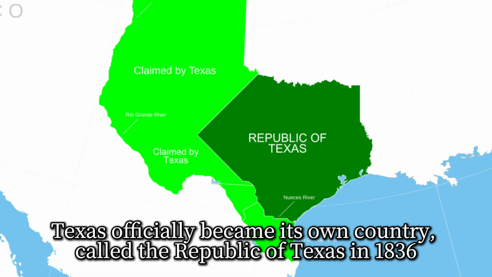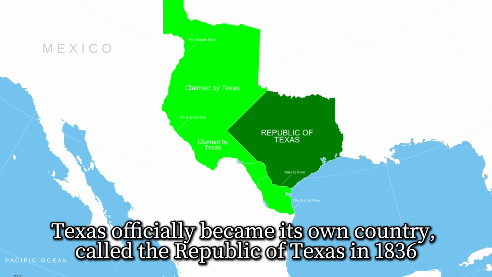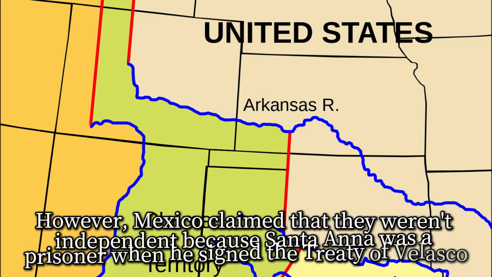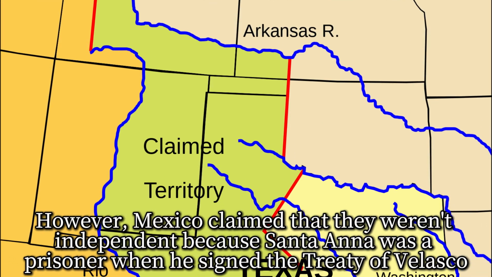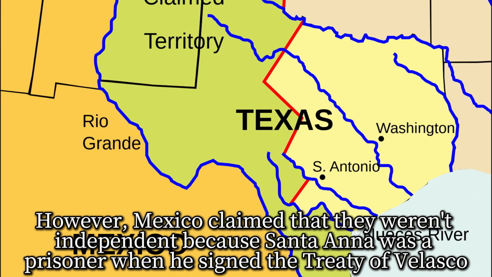Texas officially became its own country, called the Republic of Texas, in 1836. However, Mexico claimed that they weren't independent because Santa Anna was a prisoner when he signed the Treaty of Velasco.